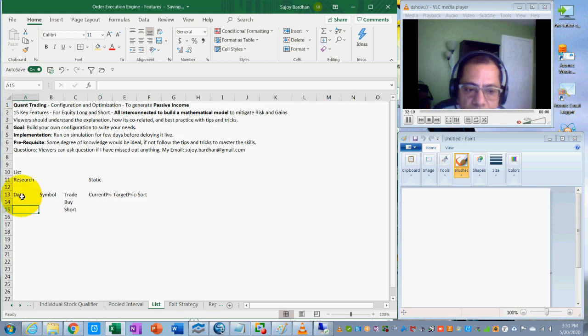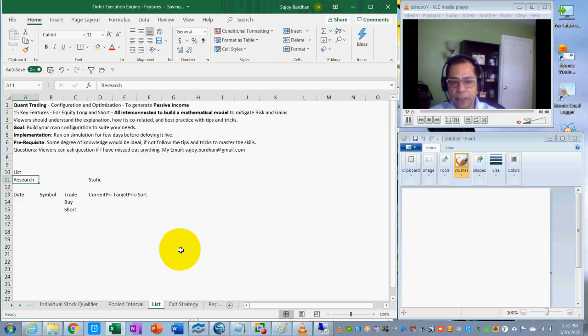So depending on what you're doing, if you're a research-based person and you know there are certain trades you want to do probably the following Tuesday, as an example, maybe you're sitting on Friday, you're expecting those stocks to take a direction based on your predictions from a certain date. You can put that date there.